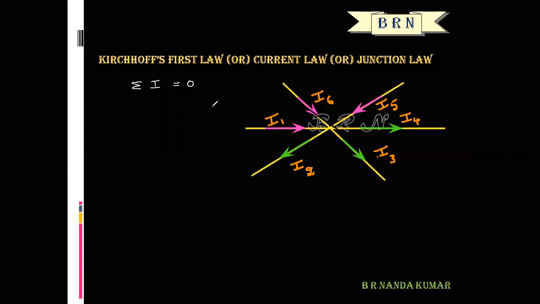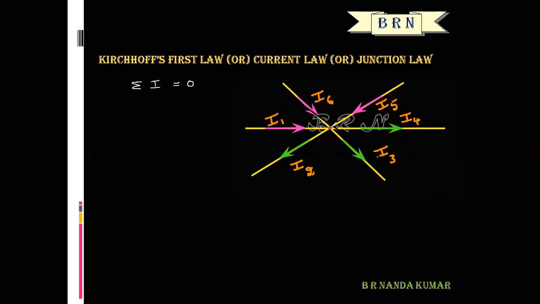Before applying Kirchhoff's first law, we should apply the sign convention. Suppose the currents are entering the junction. Look at this, a part of an electrical network. Actually, this is a junction.